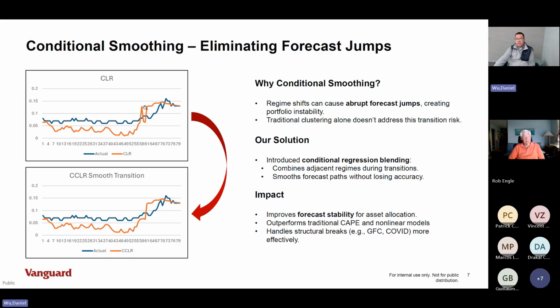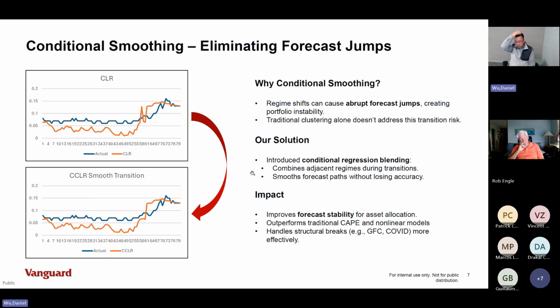But this will significantly impact our asset allocation decision, which is not good. We want something more stable, to kind of average that out. So for that reason, we want to focus on stability. And after we add the conditional part, it becomes smoothed out.